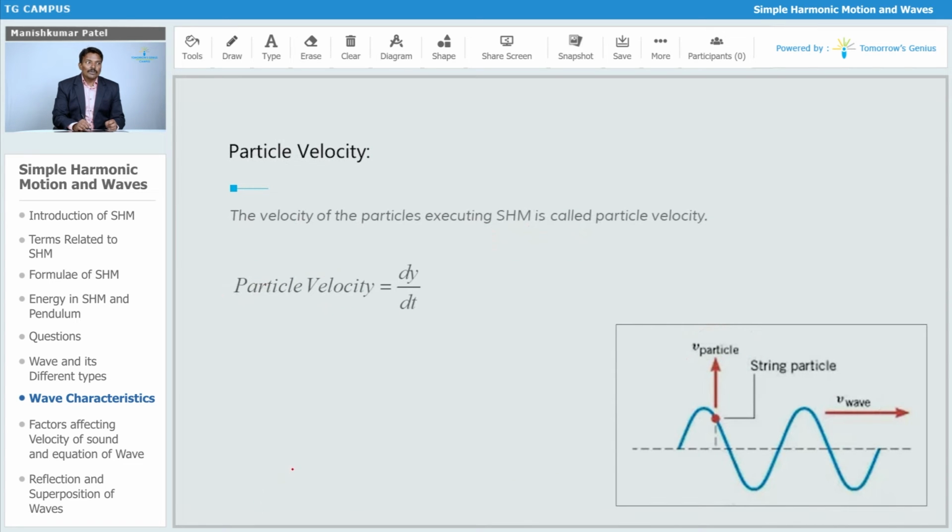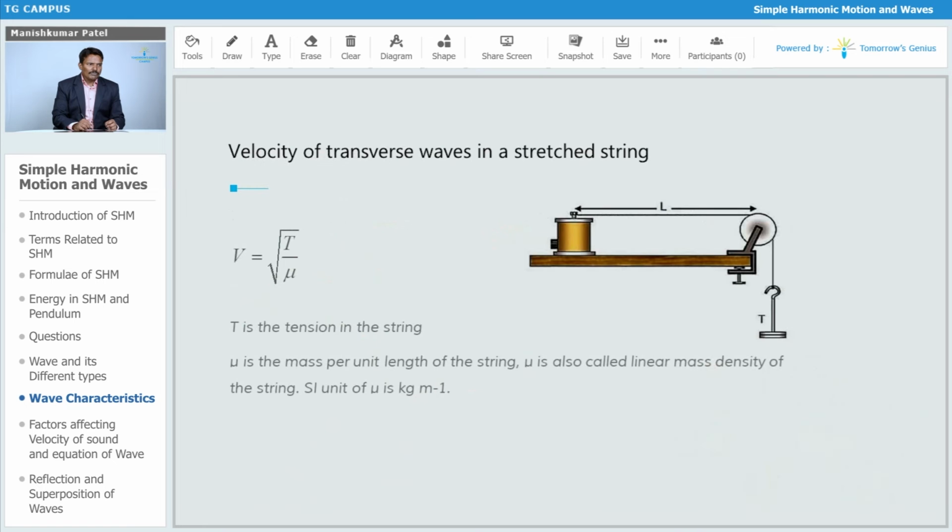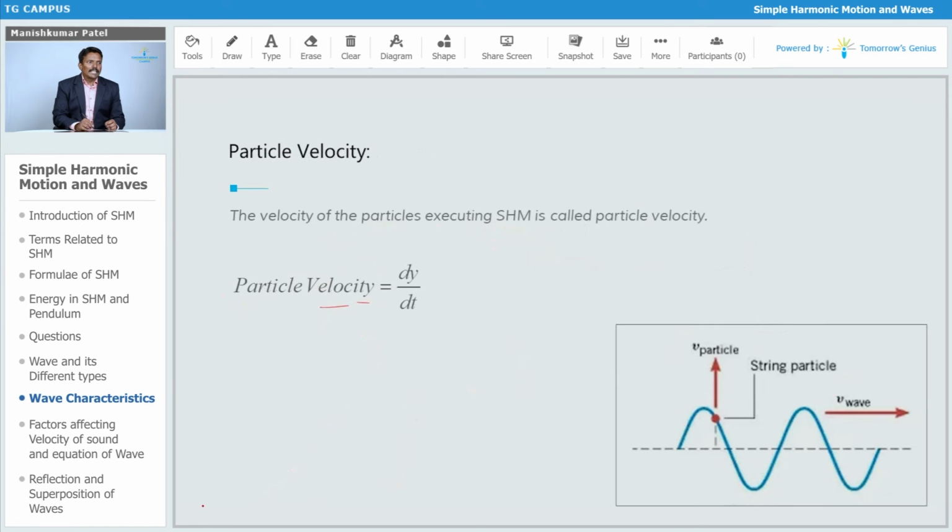So the particle velocity is the velocity of the particle executing SHM. We write this velocity as dy by dt, or we can find the expression for that also. We have seen that in SHM, the velocity of particle is v equals omega square root of a square minus x square.